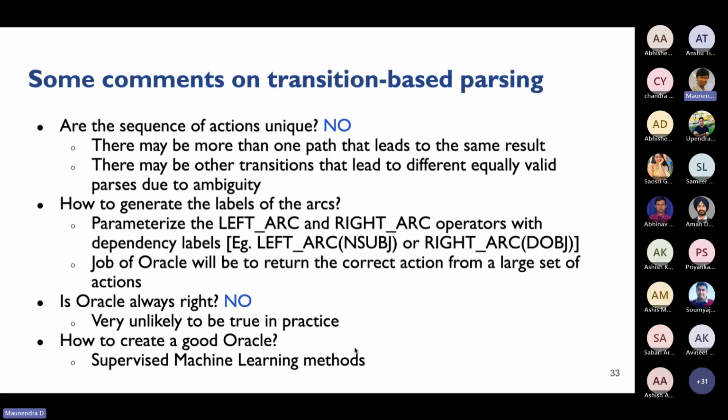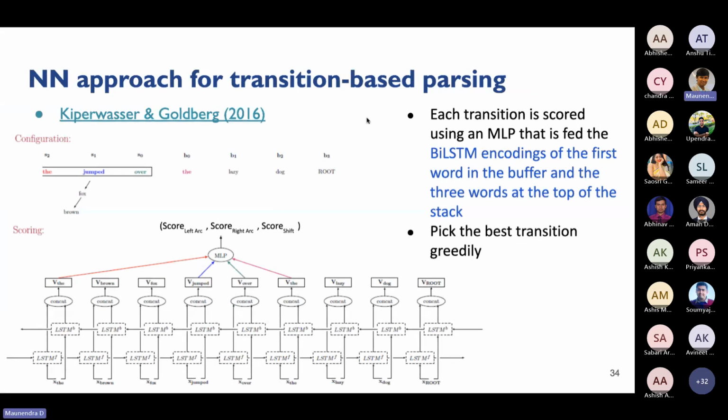So again, for parse trees also, there are many treebanks, and these treebanks will have examples of the input sentence and the dependency relations. So based on that, one can come up with supervised methods, which actually will play the role of this oracle. Now this is one example of neural network based approach for transition based parsing.